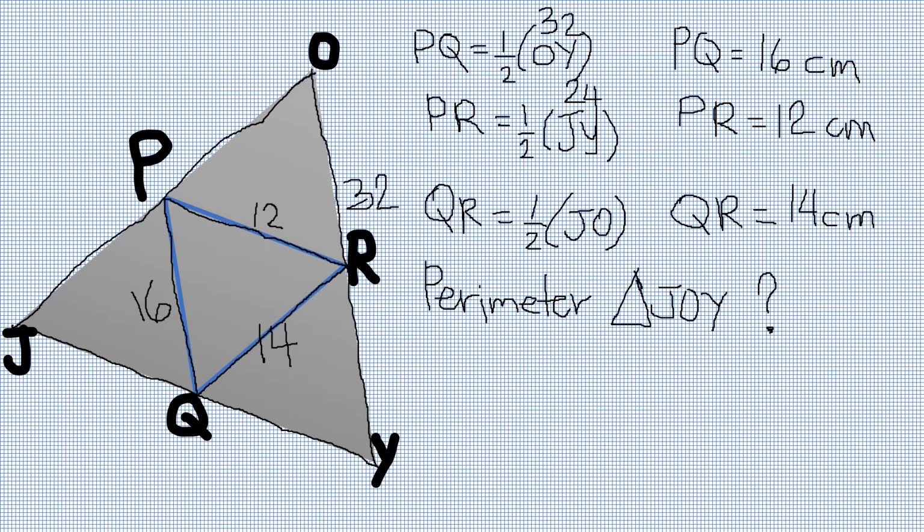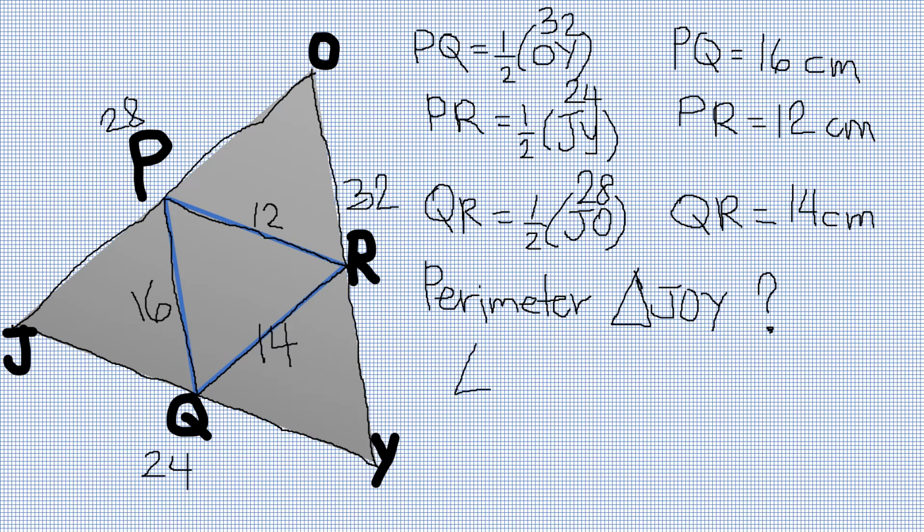Lastly, QR is 14, so 2 times 14 serves as the measure of JO, that is 28. So we have OY is 32, JO is 28, and JY equals 24.